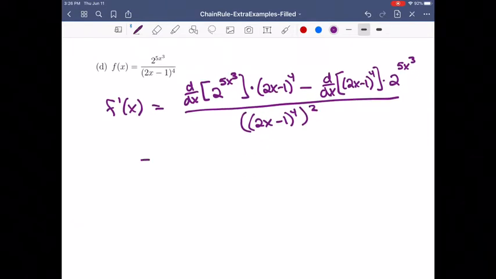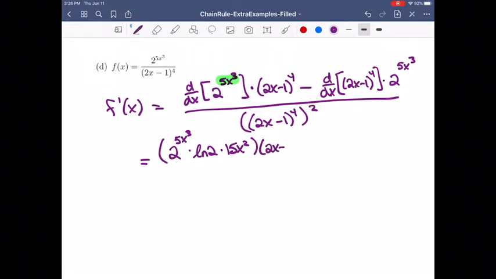So here's my inside function, so I'm using the chain rule. The derivative of 2 to the something is 2 to the something times ln 2, and then I have to multiply by the derivative of the something, which is going to be 15x squared. And that's all times (2x minus 1) to the 4.